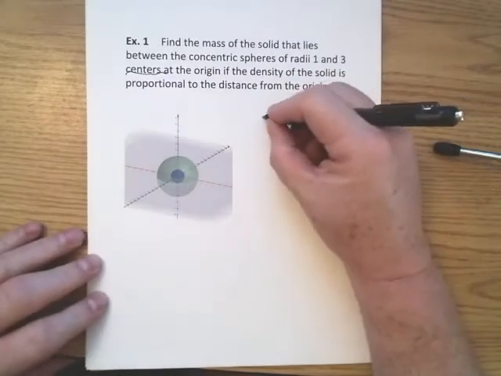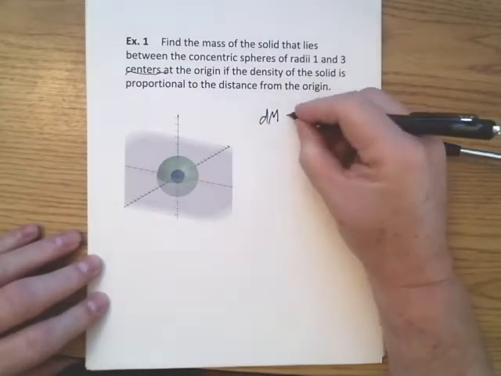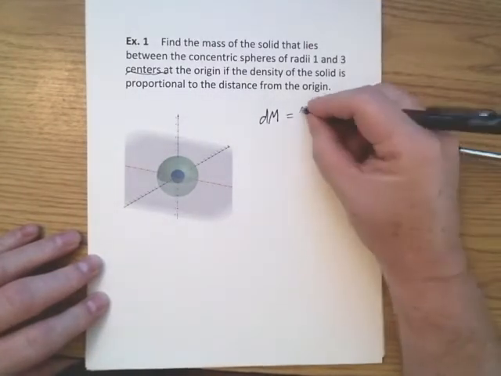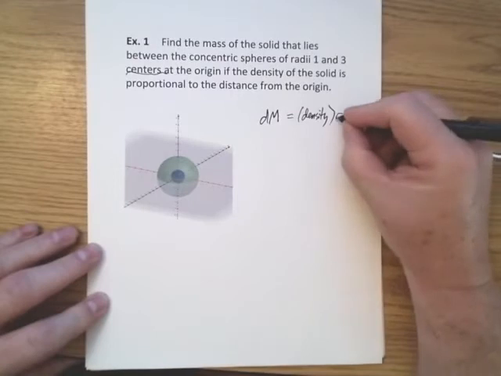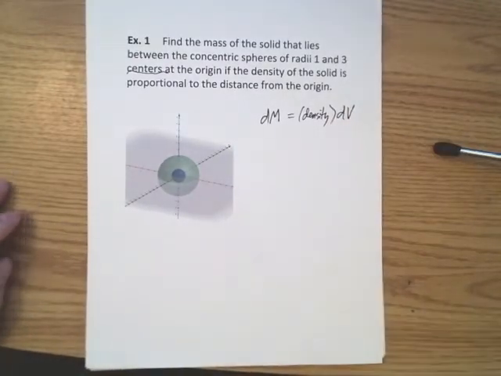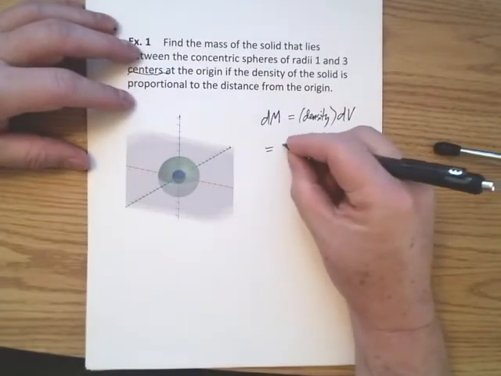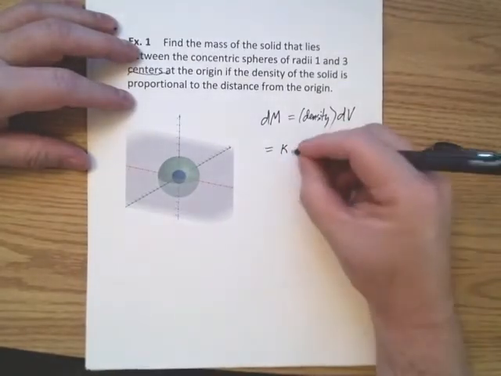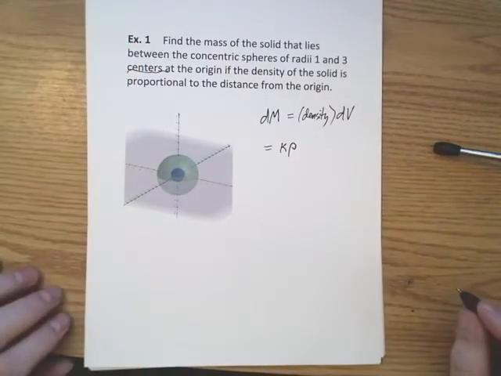Now that means differential mass, let's say m is mass, is going to be that density function times differential volume. Since we're going to be using spherical coordinates, the density function will be some constant multiple of the distance from the origin, which we're calling rho.